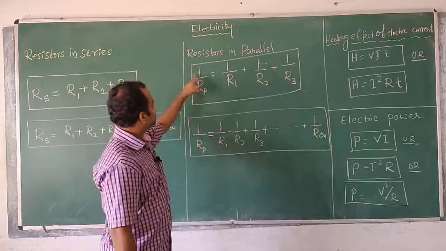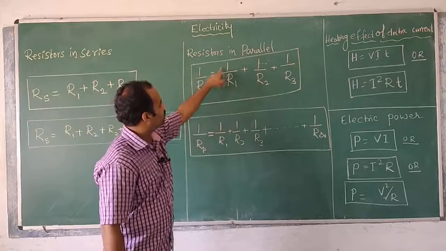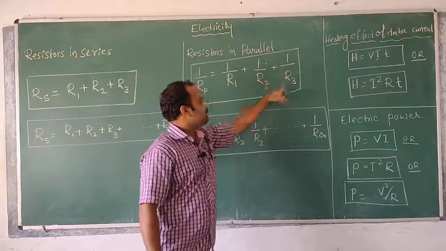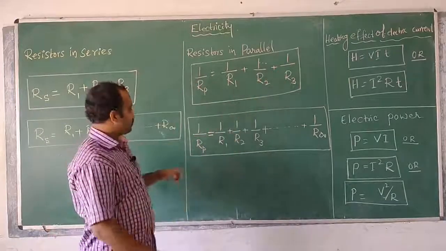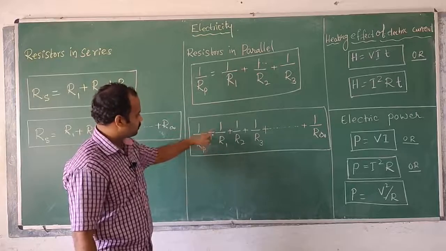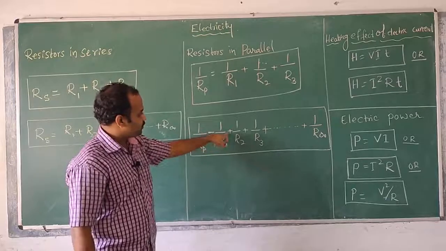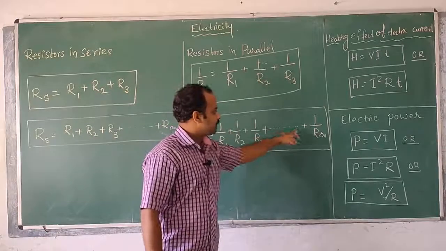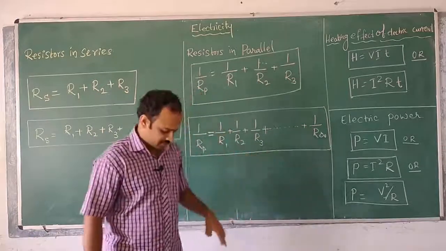If 3 resistors are given, 1 divided by Rp is equal to 1 divided by R1 plus 1 divided by R2 plus 1 divided by R3. If infinite resistors are given, 1 divided by Rp is equal to 1 divided by R1 plus 1 divided by R2 plus 1 divided by R3 plus and so on plus 1 divided by R infinity.